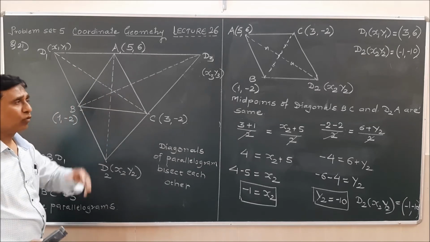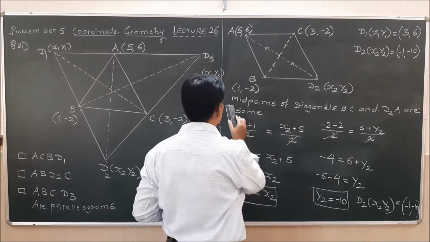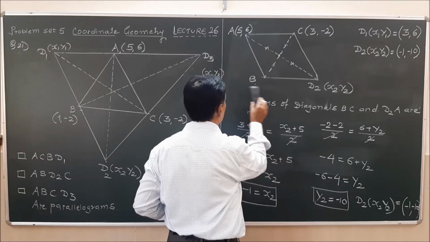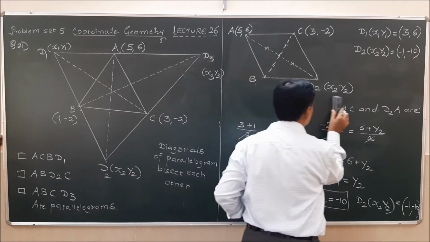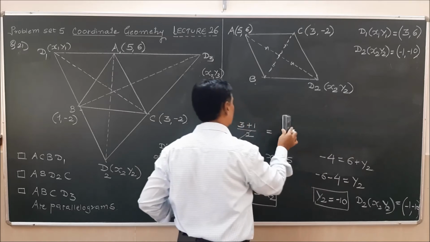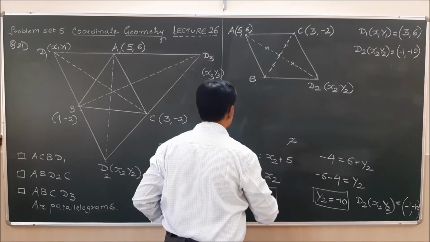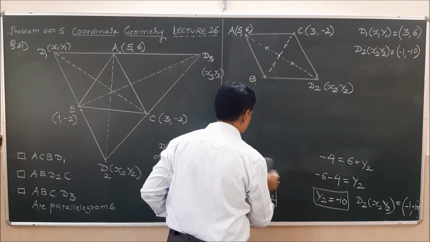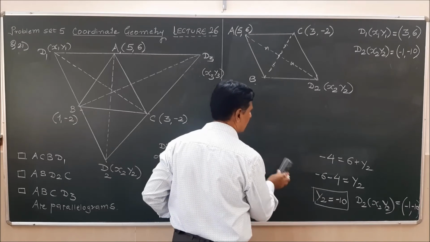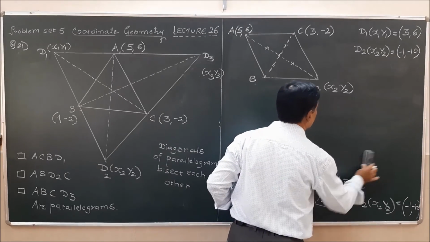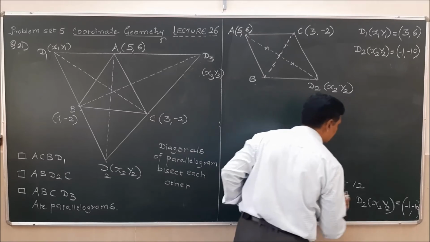Right? Now fourth one, same way, no change at all. You have to be very focused for this sum. D2, x2, y2 is minus 1, minus 10.